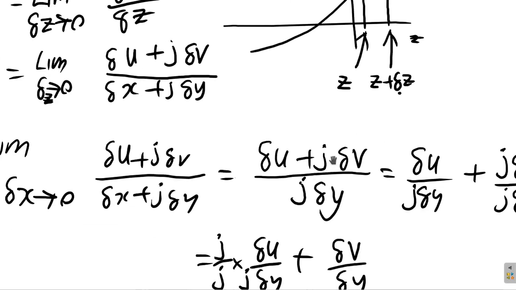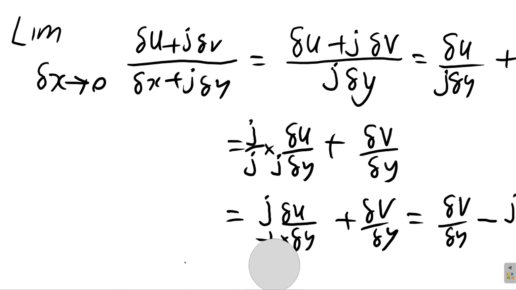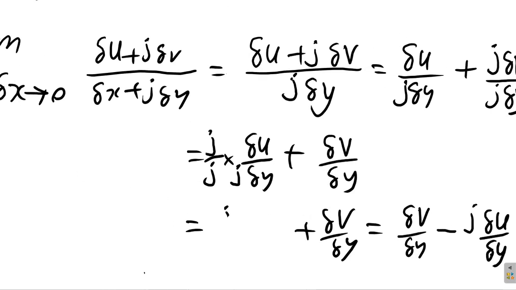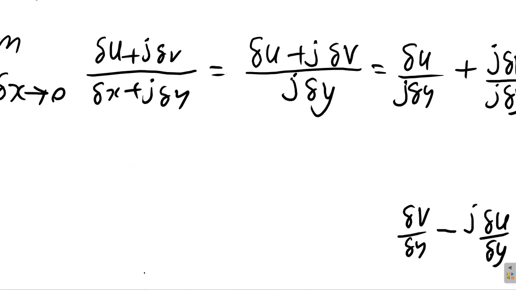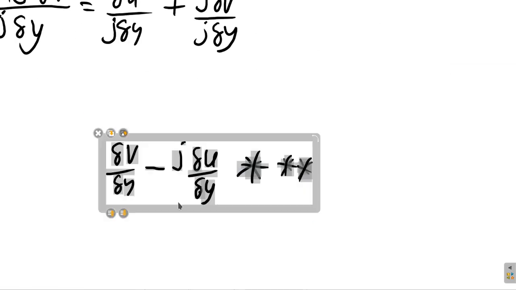Now, here, let's come back to this. And what we're going to do is, this time, let delta y go to 0. So let's just get these things out of the way. I don't want to erase the result that I have here. Alright. In fact, let me move this to one side.